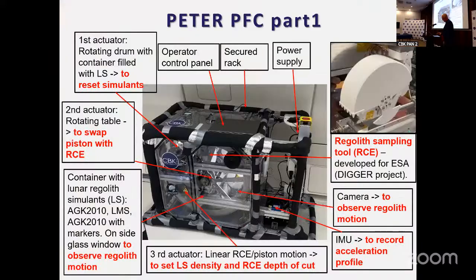Okay, so now a few words about the experiment. As I said, we had 2 experiments. The first is the CBK experiment, where we wanted to test the operation of the sampling device in reduced gravity. The RCE, which is presented here on the right-hand side, is just a small part of this element.